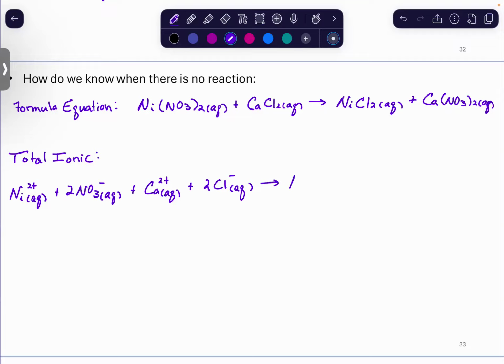Then on the right, again, you get nickel 2 plus 2 chlorides, calcium, and then we're going to have to do nitrates.